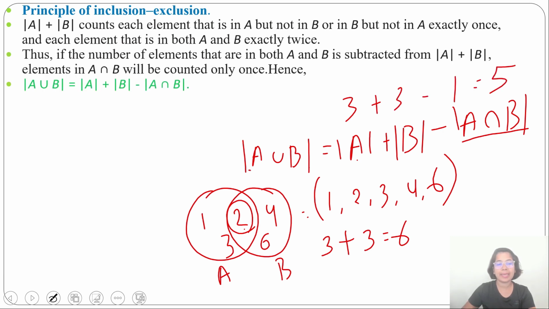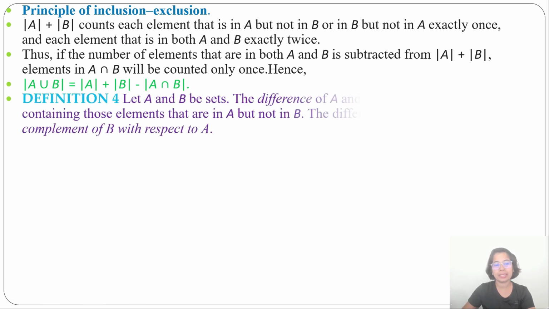So you can say |A ∪ B| = |A| + |B| − |A ∩ B|. We need to subtract |A ∩ B| as the common elements are repeated in both A and B.